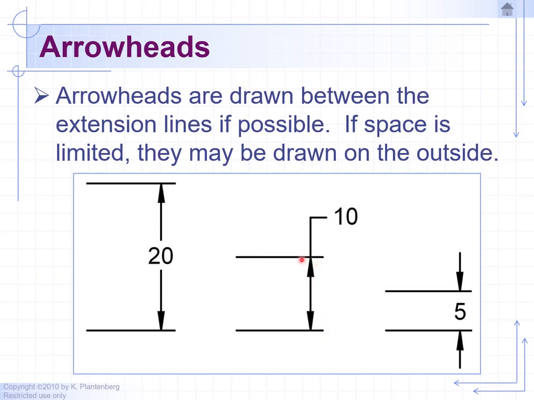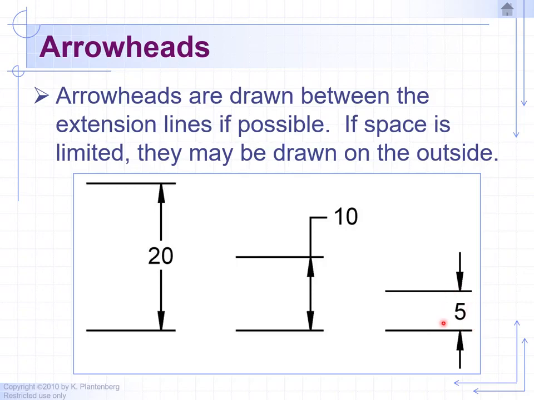You can also take out the arrowheads instead, as shown on the next example. So another option is to leave the text inside. Here we have a dimension of 5. If you have the arrowheads inside, it will look too crowded, so you have the option of placing the arrowheads outside the extension lines.